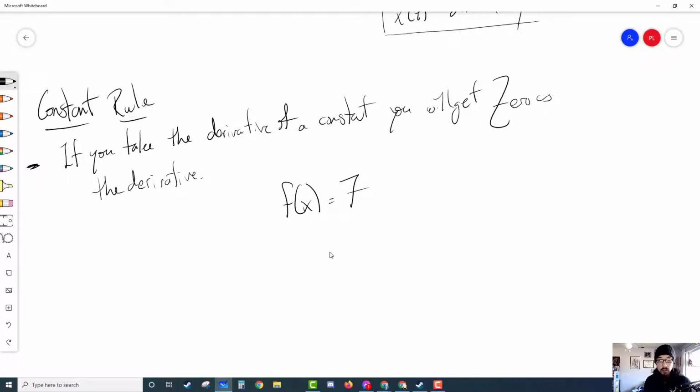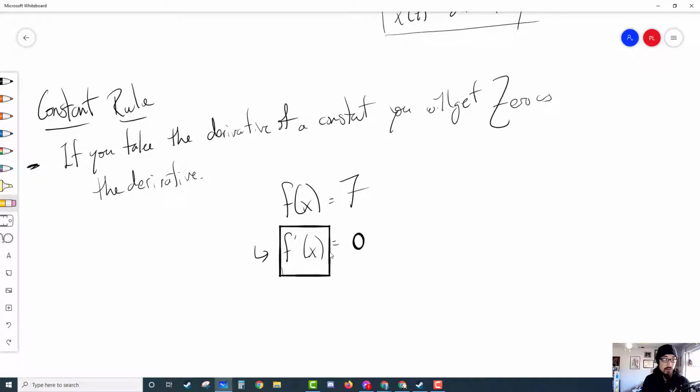Okay, so the first one is something that you'll probably do in your calculus class, where we just put an apostrophe after the dependent variable. So f prime of x is equal to 0. So in this notation, this is showing us that we just took the first derivative of this function. We took one derivative of it. So for example, if I did it like that, okay, that means I took two derivatives. But we'll worry about that later.